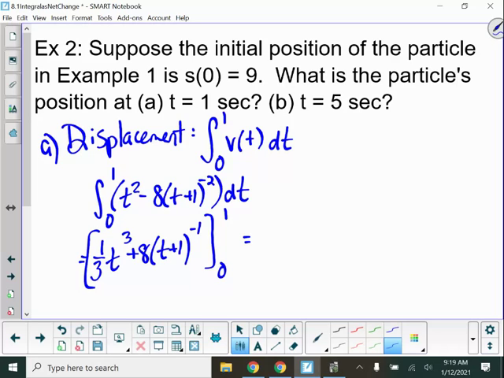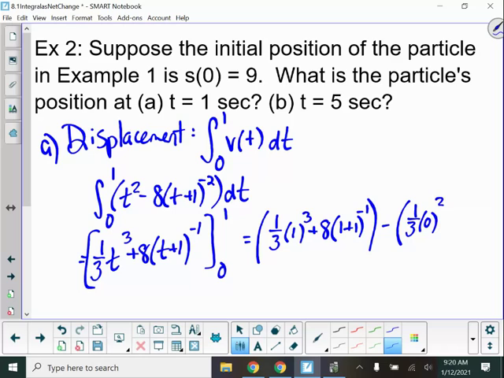So I have to plug in the 1 and plug in the 0. When I plug in the 1, I'm going to get 1/3 times 1 cubed plus 8 times (1 plus 1) to the negative 1 power. And then I subtract when I plug in the 0, so 1/3 times 0 to the 3rd power. Again, this is using that fundamental theorem.